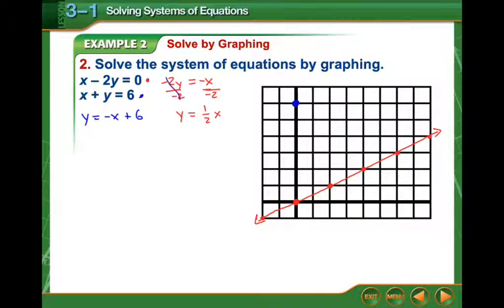And our slope is negative 1, so we're going to go down 1 to the right, 1. Connect our points. And then the point where they cross is our solution. It's at 4, 2. So our solution is at 4, 2.